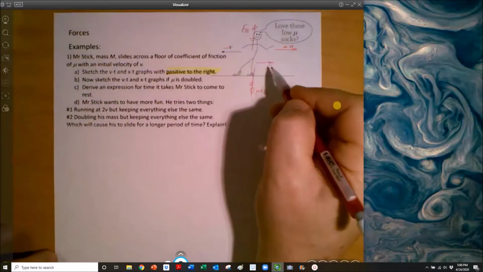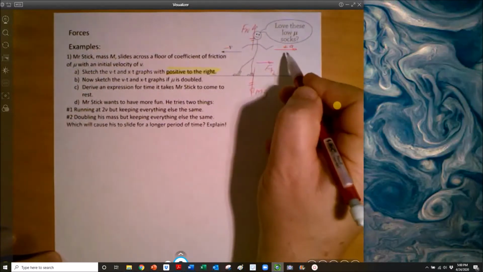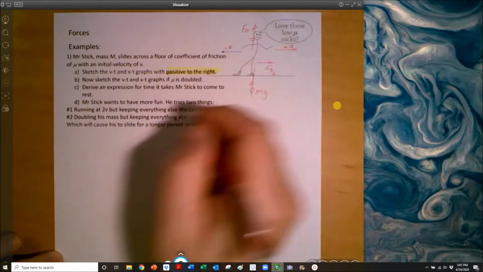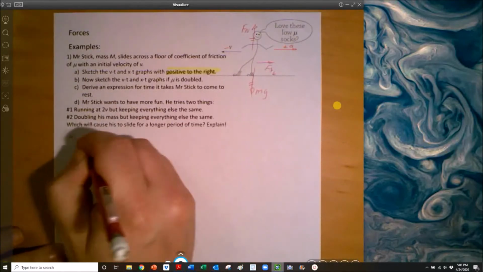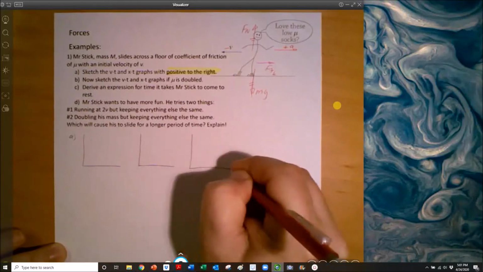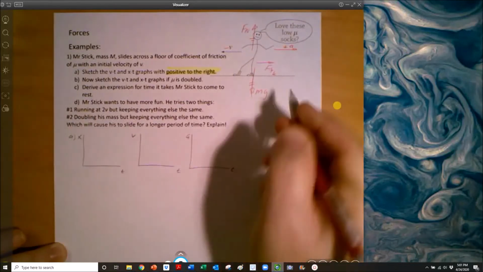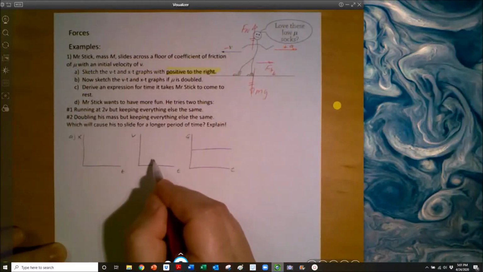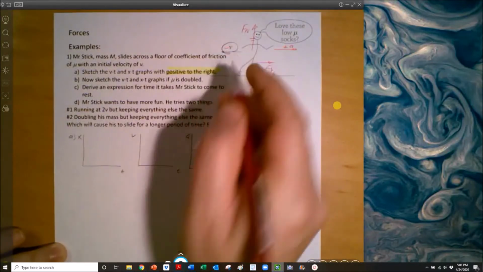So what we have here is a constant, positive acceleration. So here are our X, V, and A graphs. We have a positive constant acceleration, which means the velocity graph has to be linear. But our original velocity is negative.